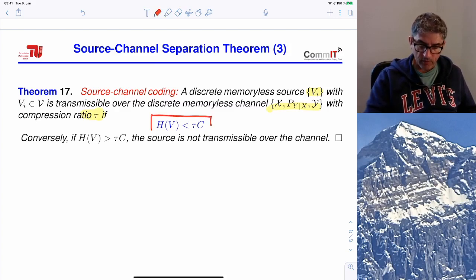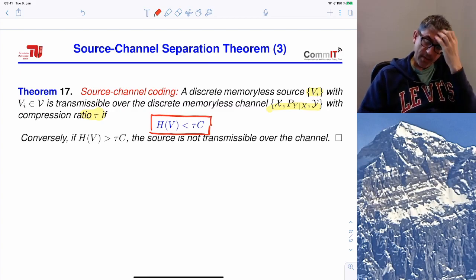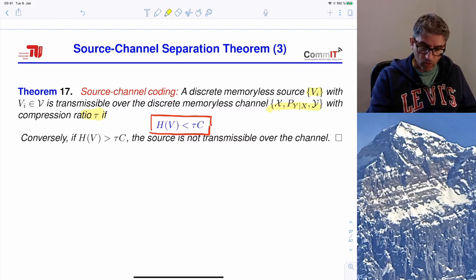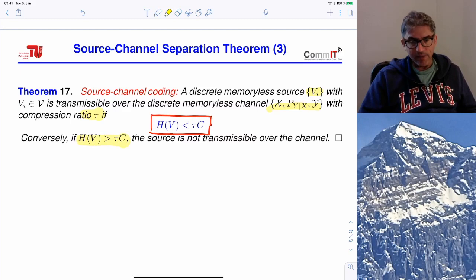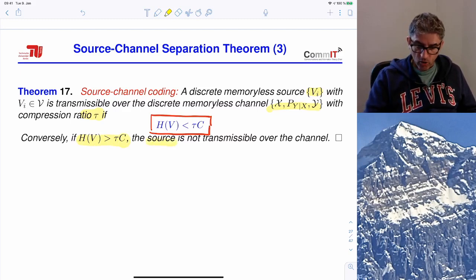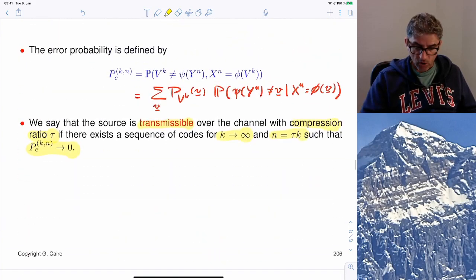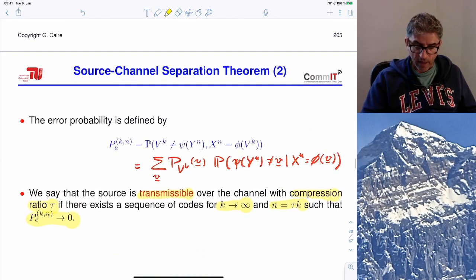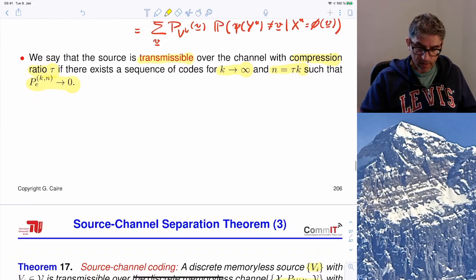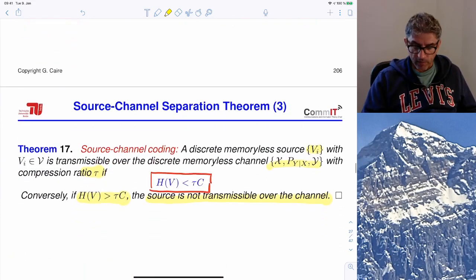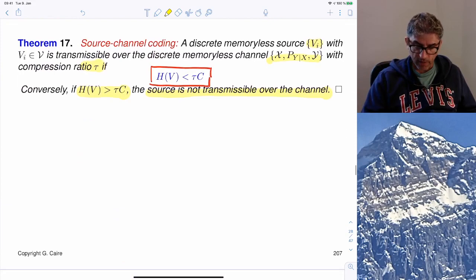The entropy of the source must be less than tau times the capacity of the channel. And conversely, if the entropy of the source is larger than tau times the capacity of the channel, the source is non-transmissible, which means there is no joint source channel coding scheme with vanishing probability of error as the block length of the source becomes large.